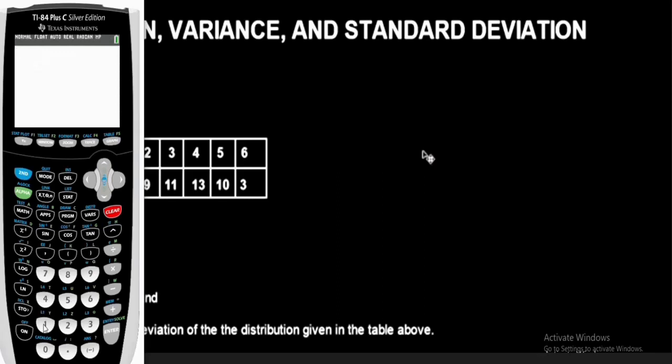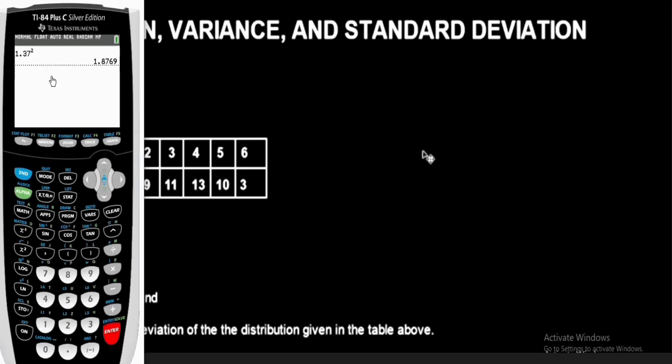It's going to give us 1.37 squared. Press enter. This will be the variance for the sample standard deviation. If you want to get the variance for the population standard deviation, you do the square of 1.36 and you'll be good to go.